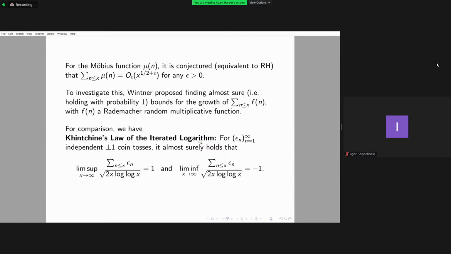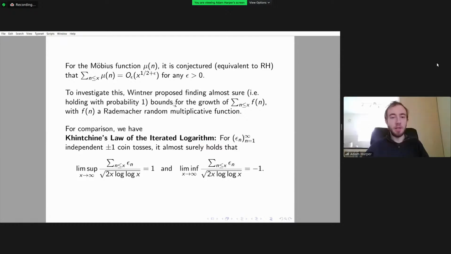Right. So I said earlier that there was a connection between the behavior of partial sums of the Mobius function and small values or zeros of the Riemann zeta function. And this is part of the connection. So it's conjectured that the partial sums of mu of n up to x, this sum in principle could have size about x because it's a sum of things that usually have absolute value 1, and it's a sum of about x of them.